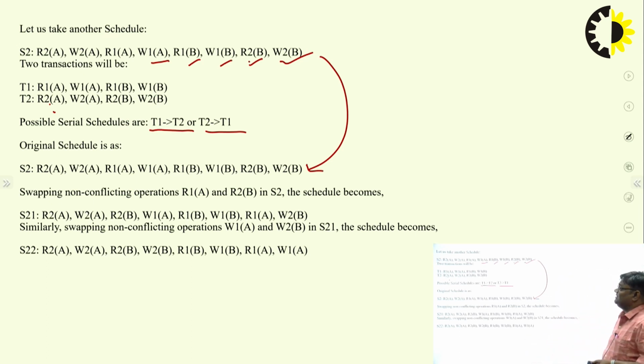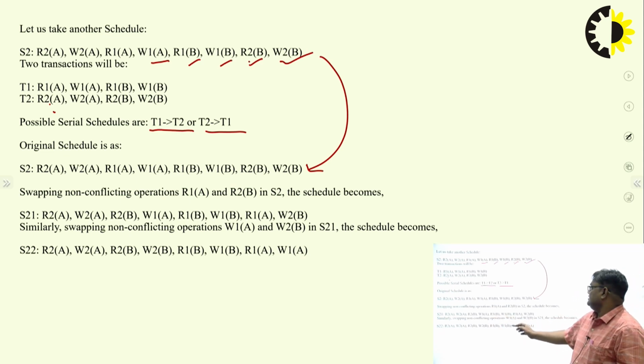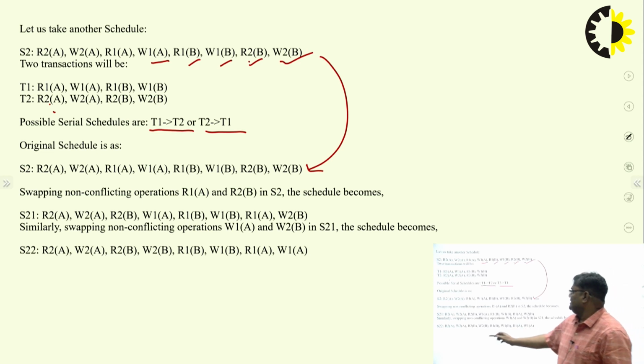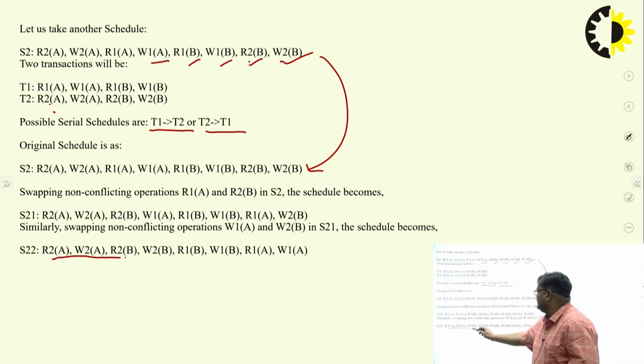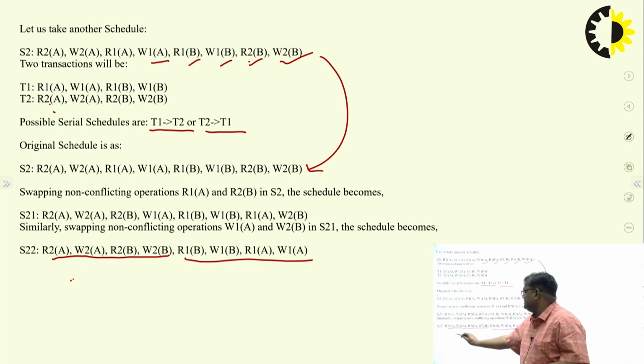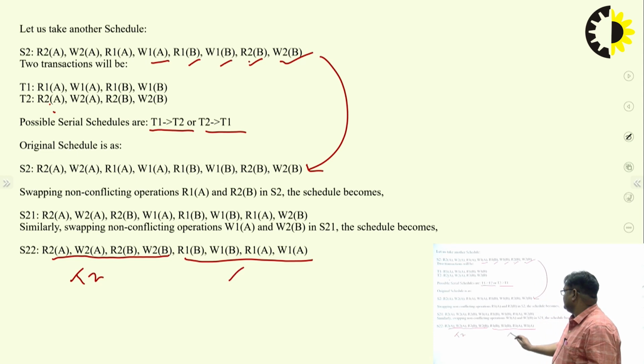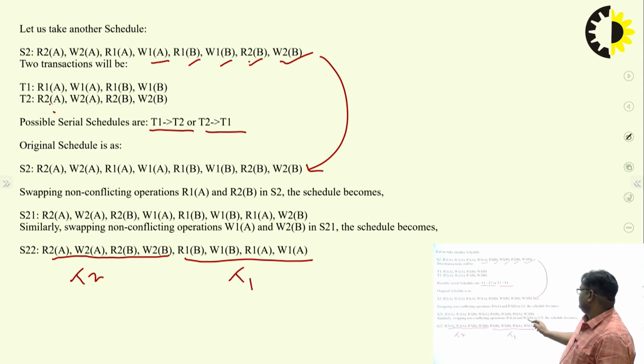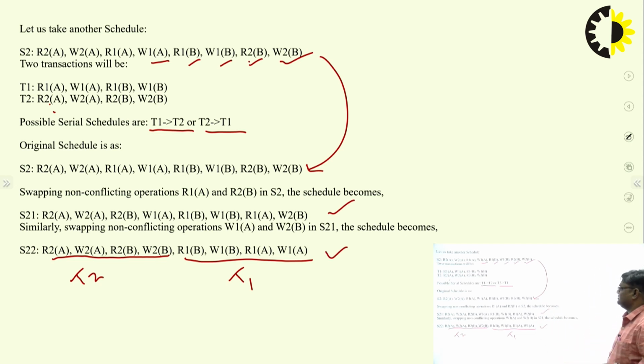Swapping non-conflicting operations R1A and R2B in S2, the schedule becomes this. Here we see that T2 is executed before T1, but it is not yet a serial schedule; after swapping some more non-conflicting statements, it becomes a serial schedule.